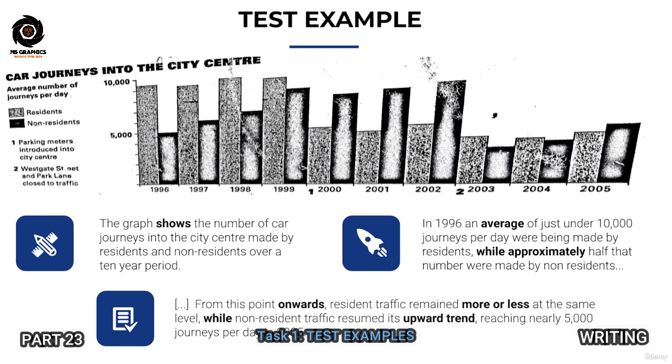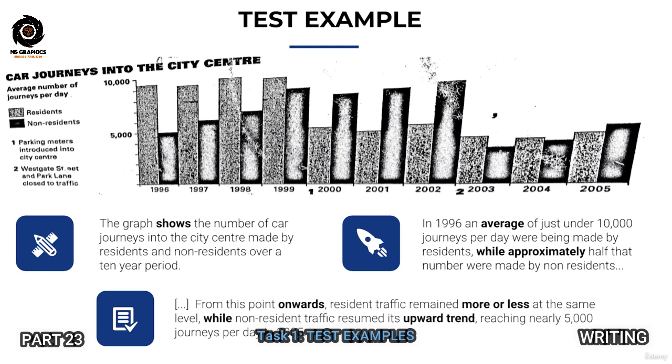At the end of 2002, the number of trips by residents did not change significantly, but trips by non-residents rose to the 1999 levels. After making this observation, you realize it had a fundamental impact on the changes recorded by the graph, and that actually justifies this change in trend, because you have to say that the car journeys in the center have decreased due to the introduction of the parking meters.